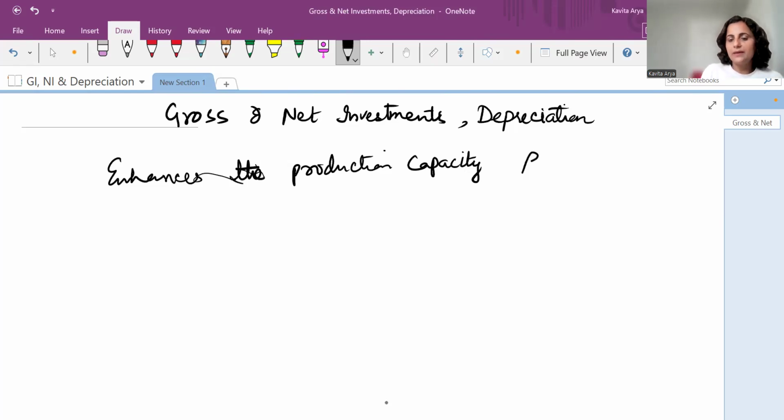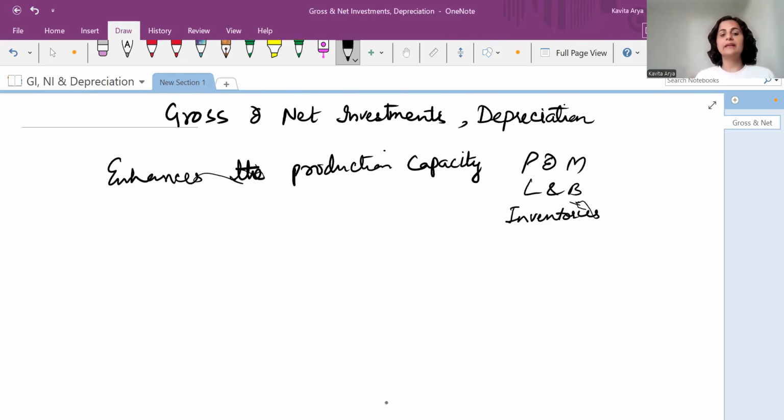So, plant and machinery, land and building, any sort of inventories, can be finished, semi processed, unprocessed. All these things fall under the category of investments for an organization.